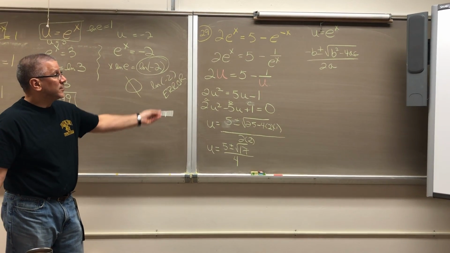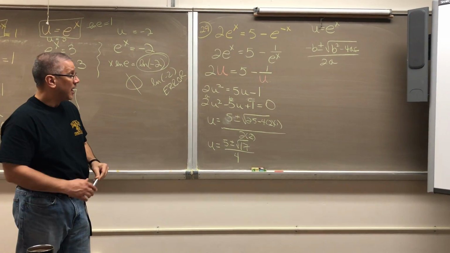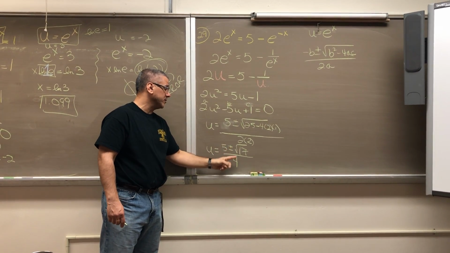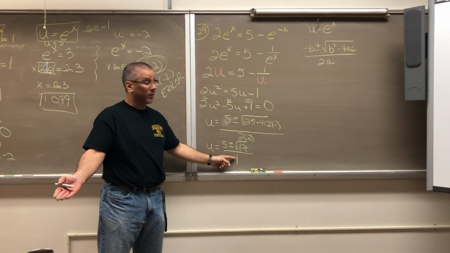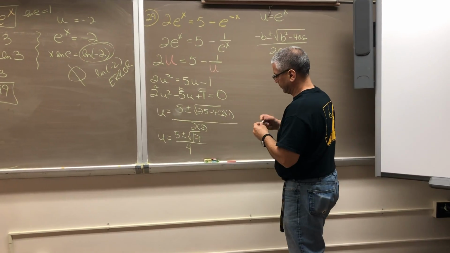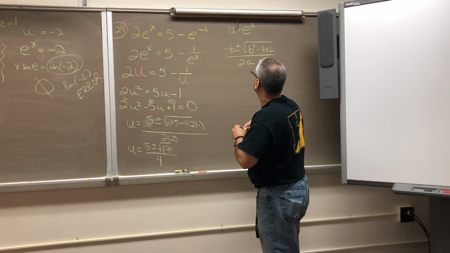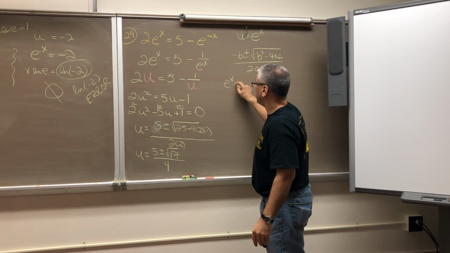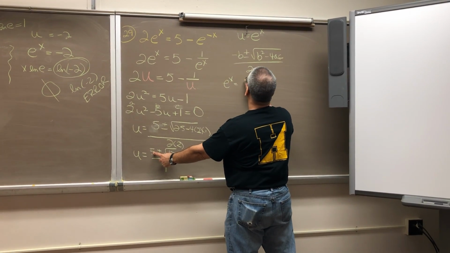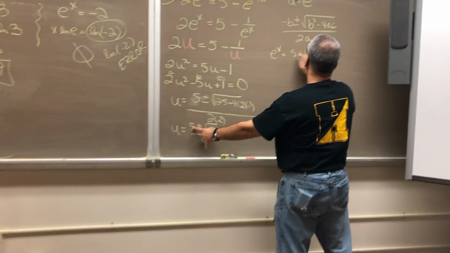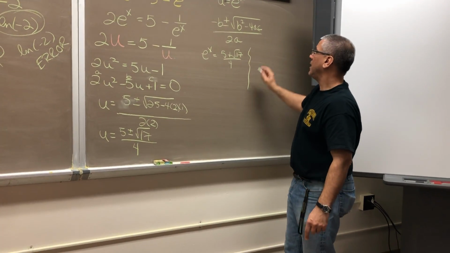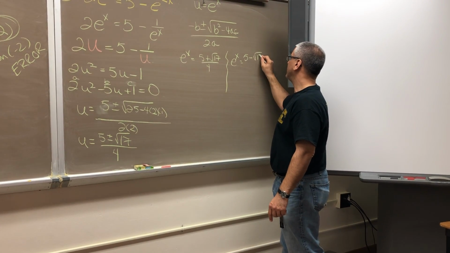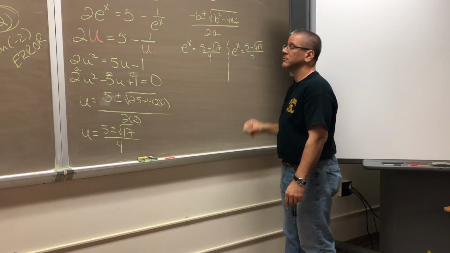Now all I have to do is go back and substitute in for u. I have two answers here. 5 plus the square root of 17 over 4, and then 5 minus the square root of 17 all over 4. That's just calculator work. So e to the x is equal to the first u, 5 plus the square root of 17 all over 4, and then e to the x is equal to the second u, 5 minus the square root of 17 all over 4.